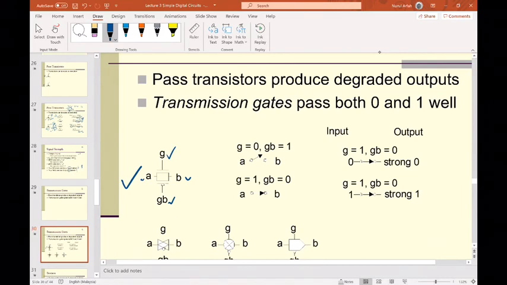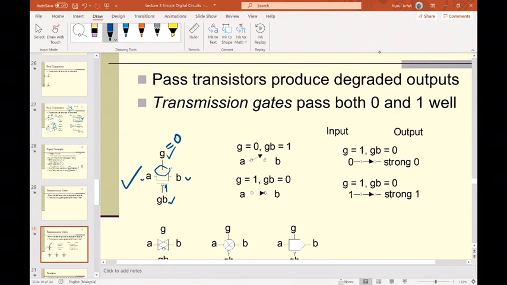So if you supply G as a 0, then of course the negated G bar should be 1 here. And since this is an NMOS up here, this one will be turned off, right?